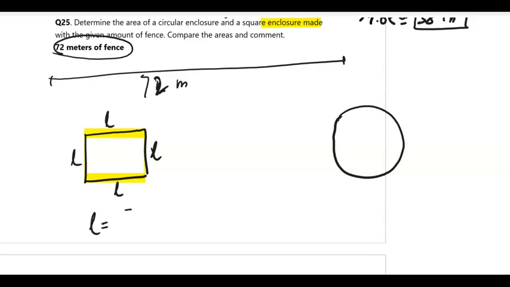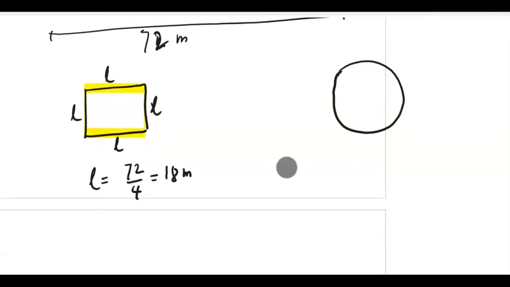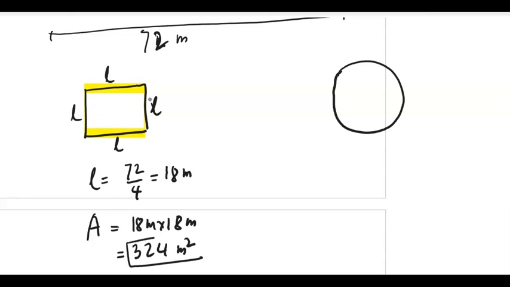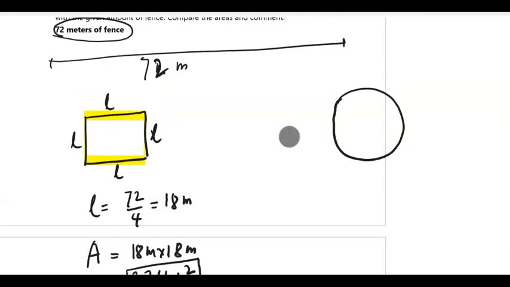So L equals 72 divided by 4, because all sides are equal in a square. That gives you 18 meters for one side. So the area of the square enclosure equals 18 meters times 18 meters, which gives you 324 square meters. This is the area of the square enclosure.